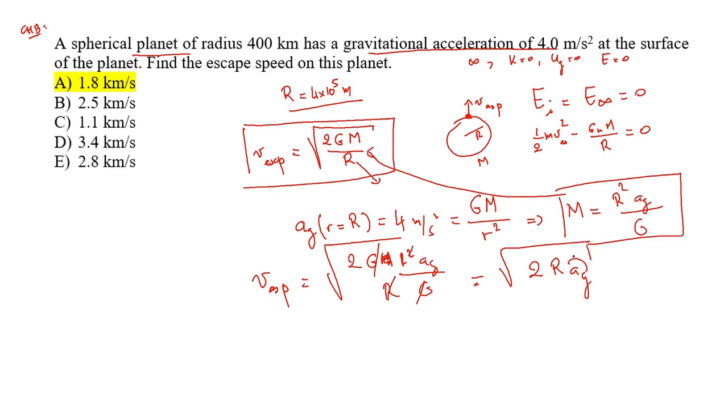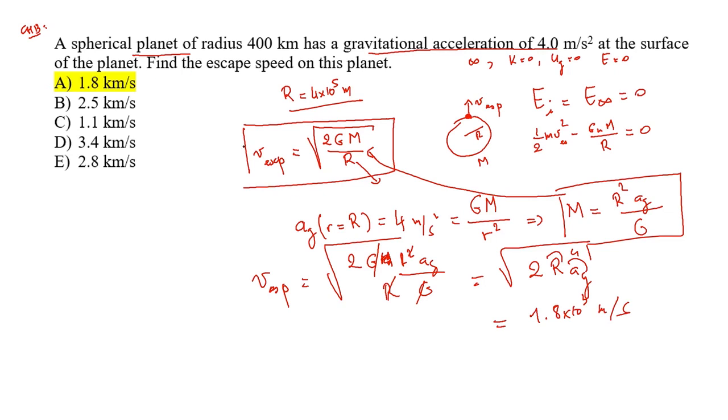Of course, a_g is 4. R, I know it. And then I will get my escape speed, and it will give you 1.8 times 10 to the power of 3 meters per second. So 1.8 kilometers per second.